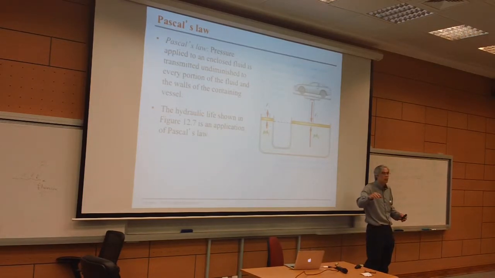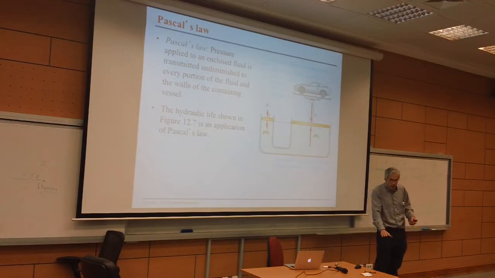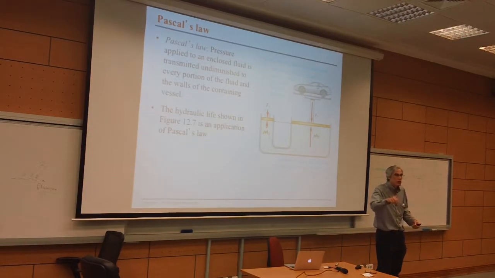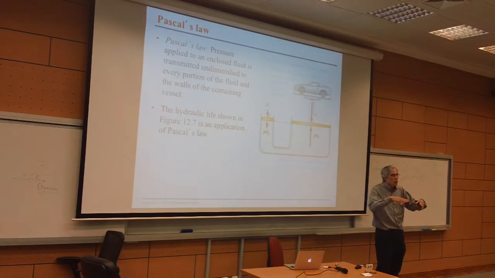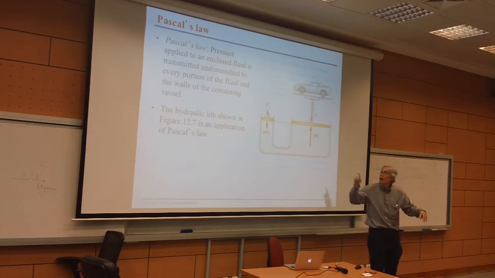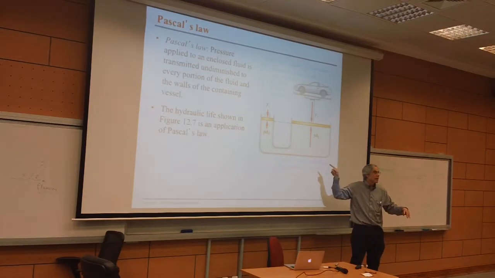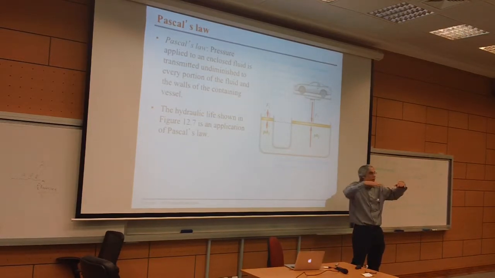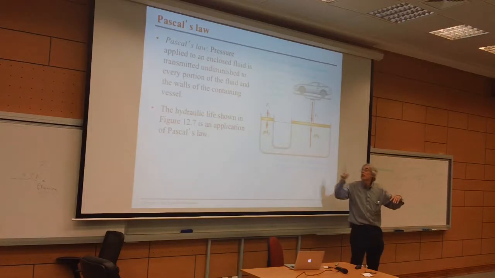Okay? So now, notice this is quite different from when we had the tensile stress. Remember when we had the tensile stress, we said that we have the beam at the bottom, and the force that's on the beam is determined by the weight of whatever you have on top of it. So we can decrease the stress by spreading it over a larger area. But if we have a fluid, that won't work, right? If we spread out the area, then we just have the pressure now imposed on a larger area.